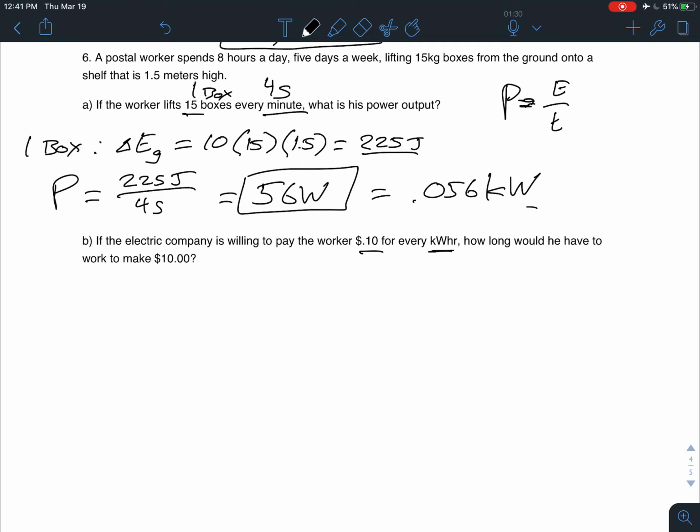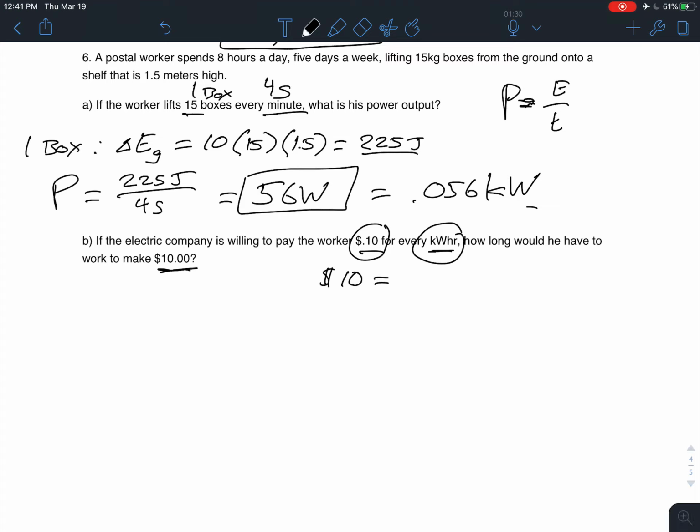So anyway, let's see. We're talking about 10 bucks here, and this is 10 cents for every 1 kilowatt hour. So for $10, that's multiplying this by 100, right? 100 dimes is 10 bucks.